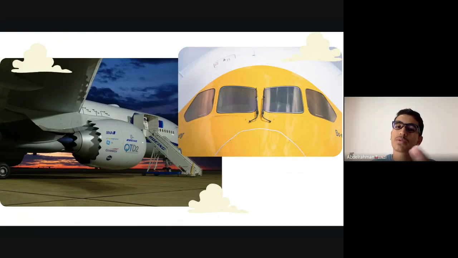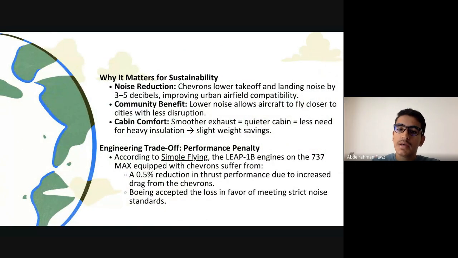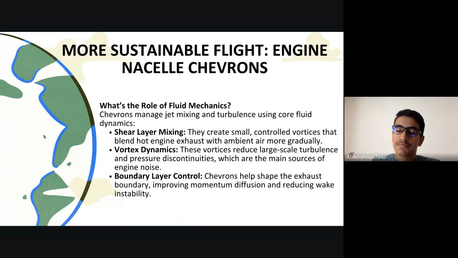If they are not similar, then this is going to cause lots of noise and also drag. But here's the catch. Why is this important? Because noise is a very important factor in aviation. Nowadays, lots of laws are implemented against engine noise. So now the aircraft manufacturers try to make this aspect more friendly, more sustainable as well.